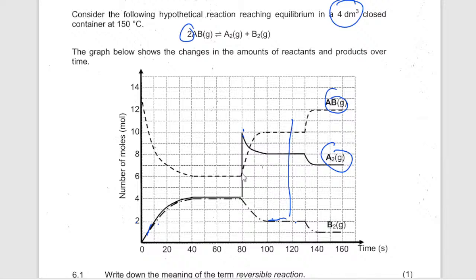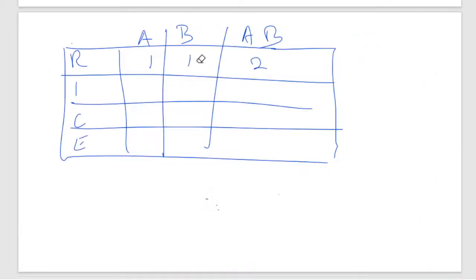So B started from 4, and then A started from 10, and AB started from 6.